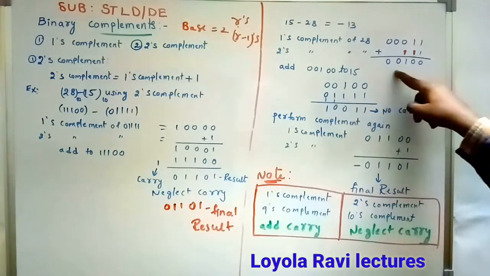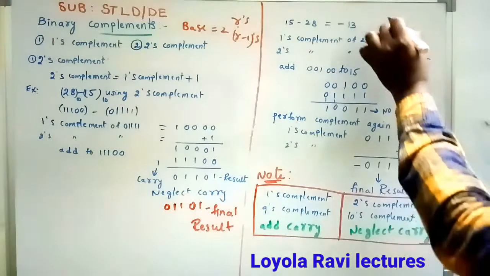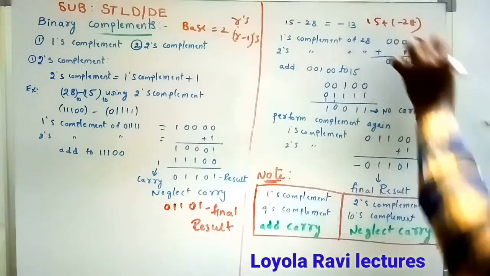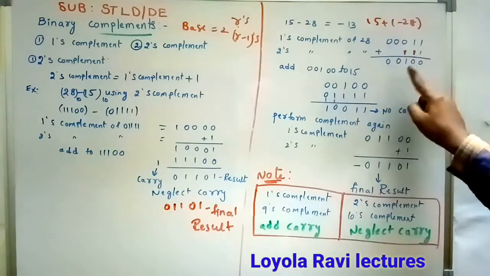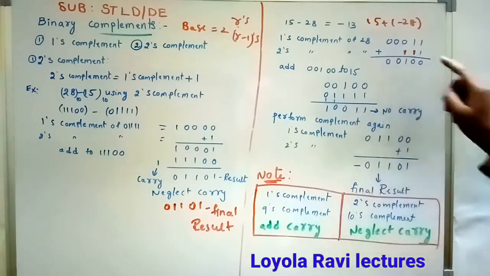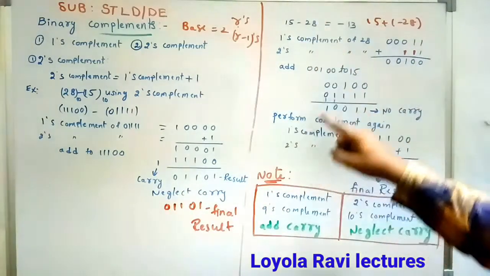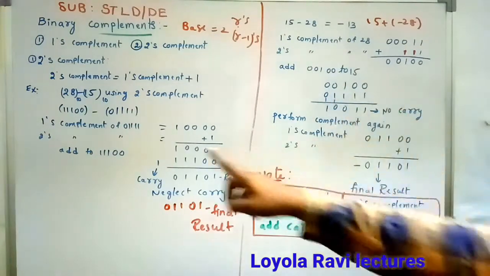Add this number to 15. Otherwise you may write 15 plus minus 28. For this minus number we use the 2's complement, 00100, and then add it to 15. What is 15? 01111.